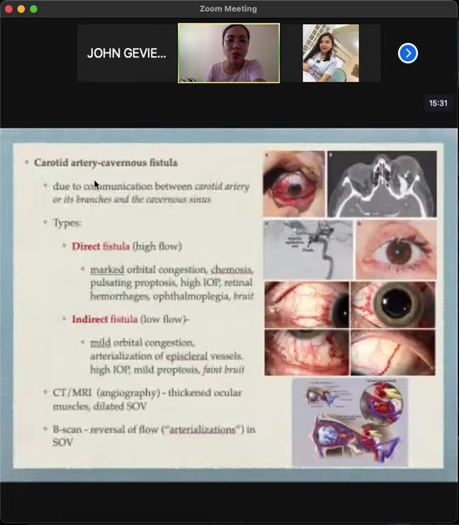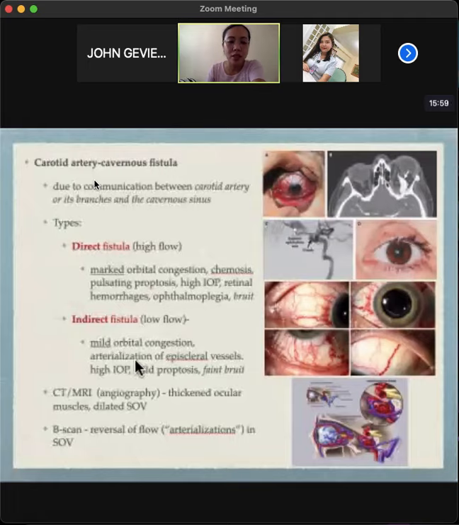So CCF, or your carotid-cavernous fistula, is due to communication between your carotid artery and your cavernous sinus. So this is a typical picture of the eye with enlarged, tortuous conjunctival vessels. So you have two types, the high flow or direct CCF and an indirect CCF.